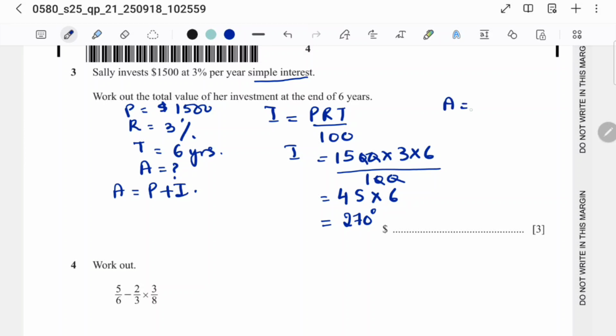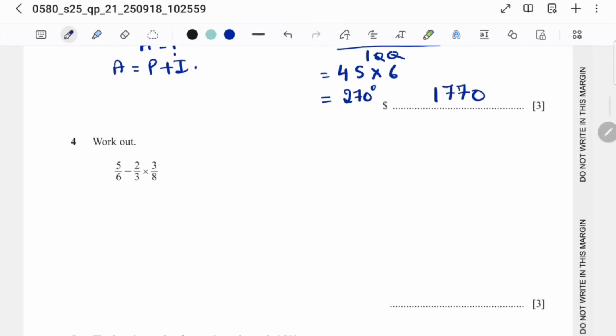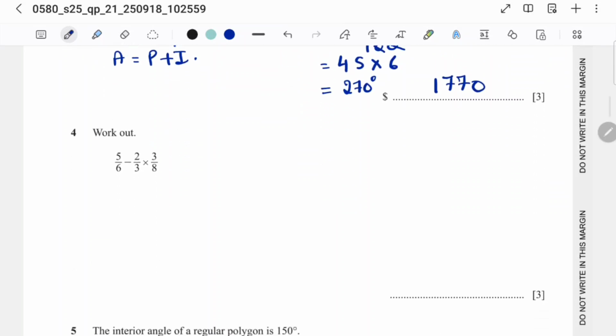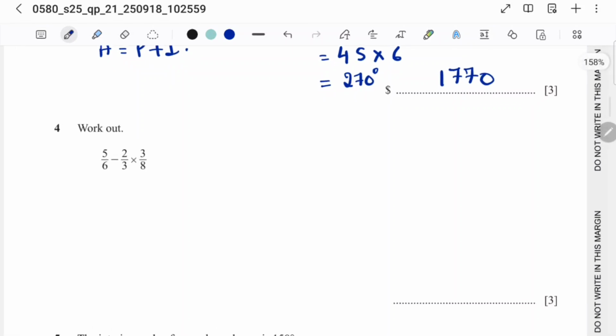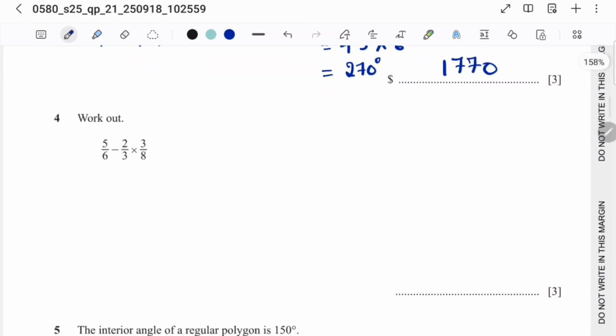Amount is equal to principal plus interest, which is equal to 1500, and we are adding 270. So 1500 and 270, $1,770 is the total amount of the investment at the end of 6 years. $1,770.